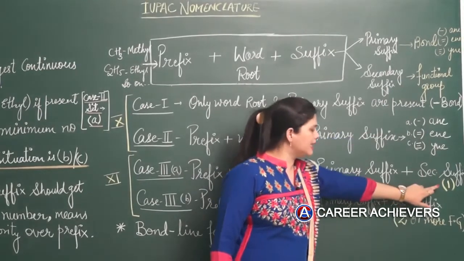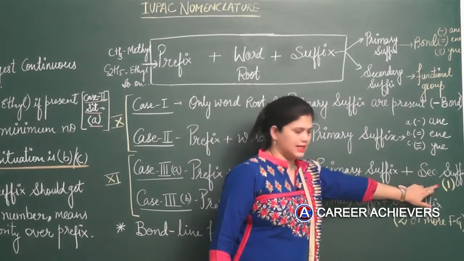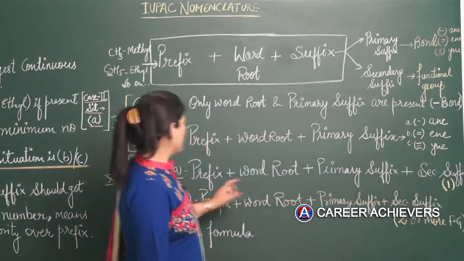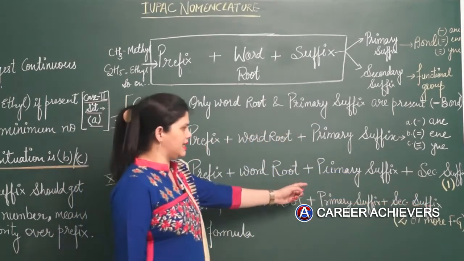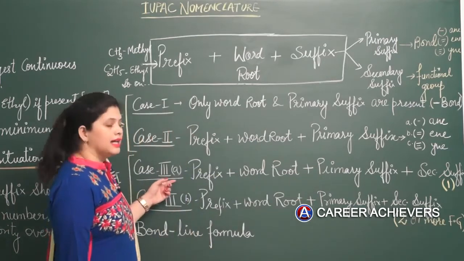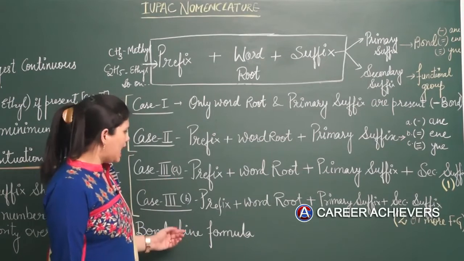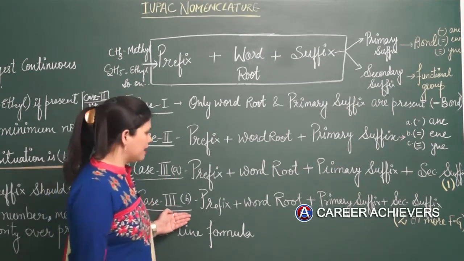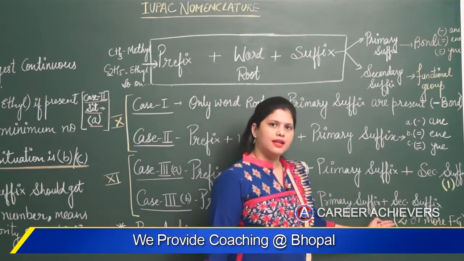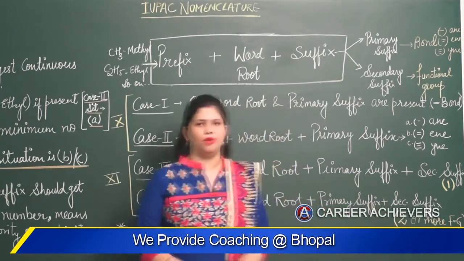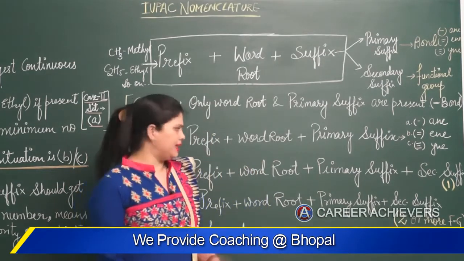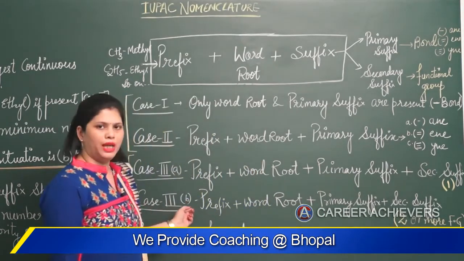If only one secondary suffix, a single functional group, is present in relation to all these 3 things, then it would be called case 3A. And if it is case number 3B, then in that situation you will have more than one secondary suffix. It means there would be more than one functional group in your example.